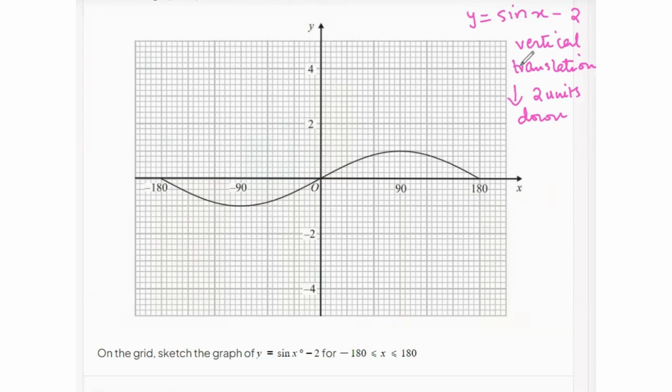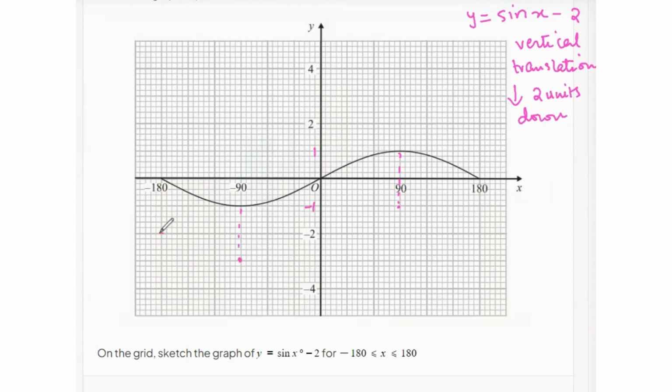Because from the value of sine x, we're subtracting 2. Since 2 is being directly subtracted from the function, it's going to change the y value, not the x value. Over here, this was 1 and this was negative 1. So when you bring it 2 units down, this point is going to come over here, and this point is going to come over here.